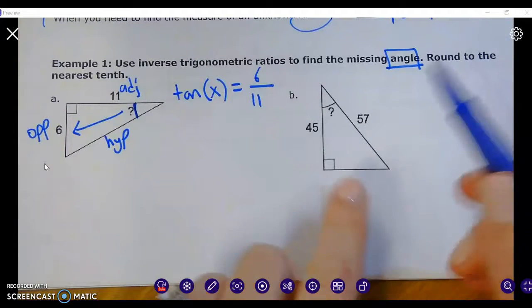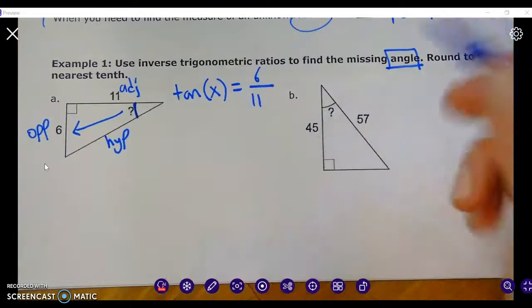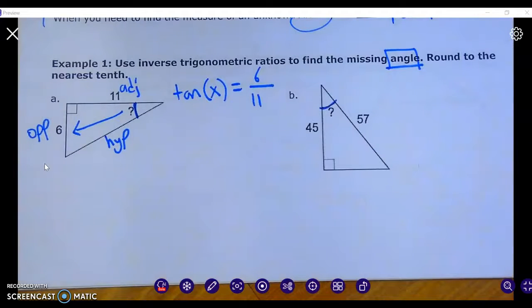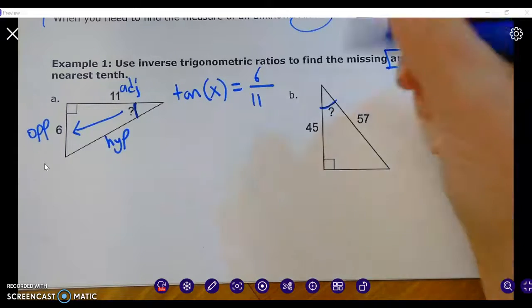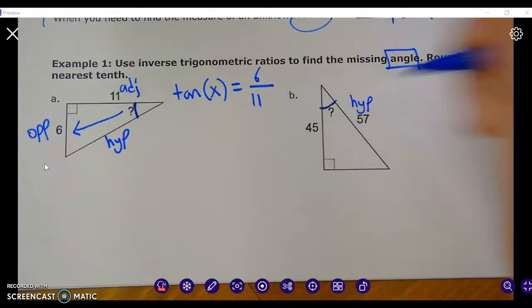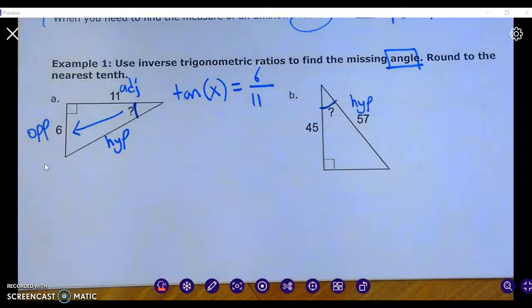Okay, so go ahead and label your three sides from this angle. Okay, Tyler, what's my hypotenuse? Dylan, what's my opposite?